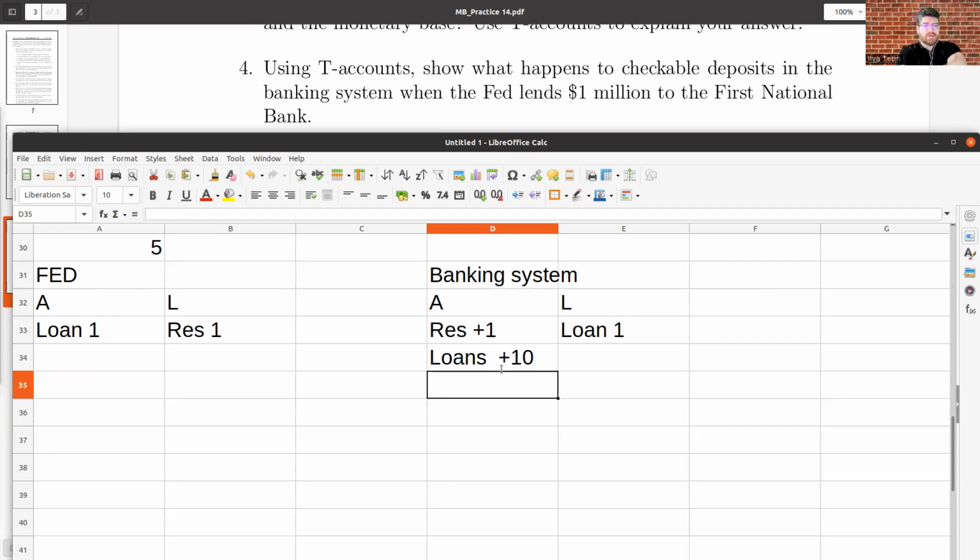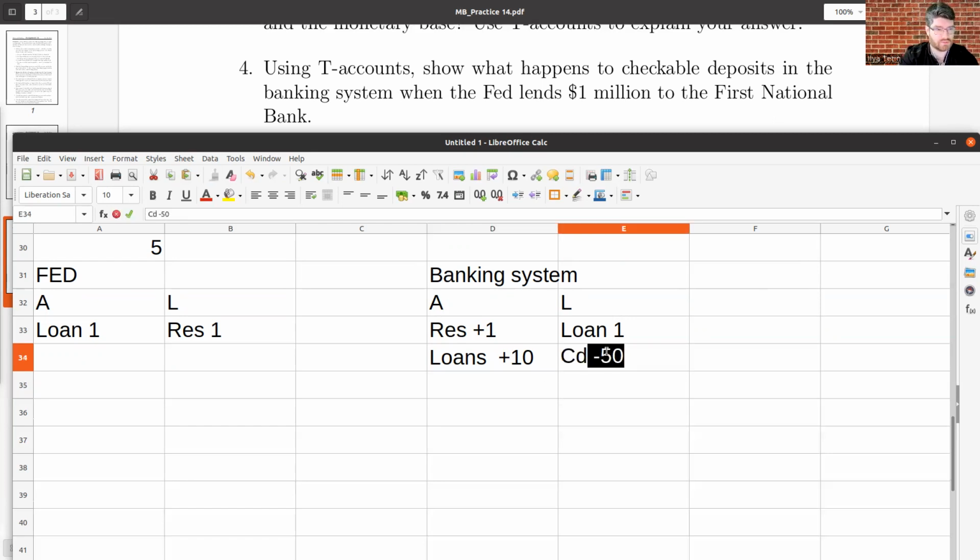The first bank provides 900,000 in loans and places 10% to the excess reserves, then the next bank, then the next bank, and altogether they provide 10 million in loans. And how to equalize these 10 million loans? We have to equalize them with checking deposits. Checking deposits should also be plus 10.